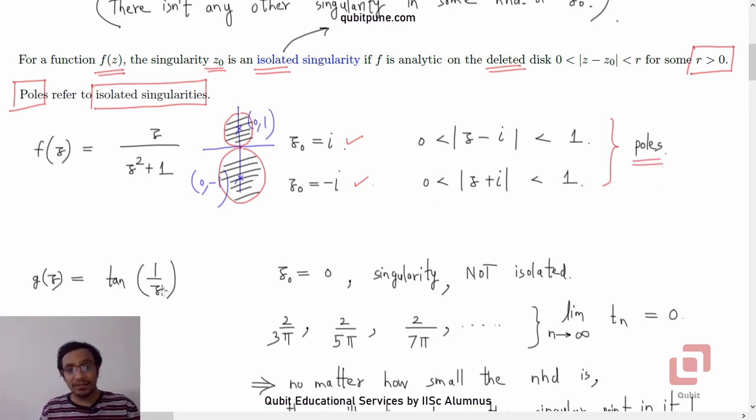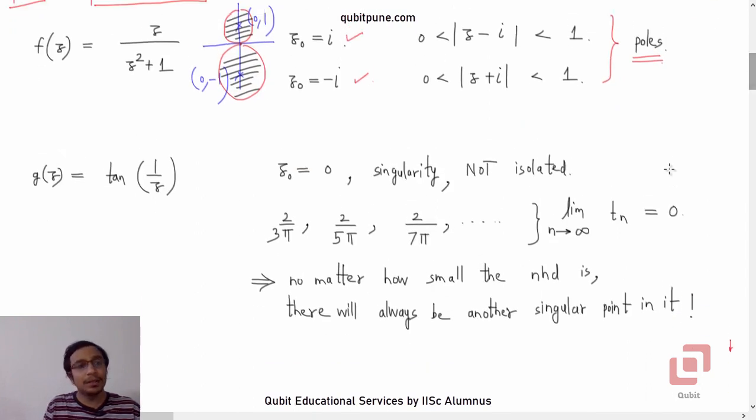Now let us discuss the second example, the composite function tan of 1 upon z. As I said earlier, this function has singularities because of the outer function as well as because of the inner function. Let us first talk about the singularities due to the outer function. These start with 2 by pi, which is the situation that we have already discussed.